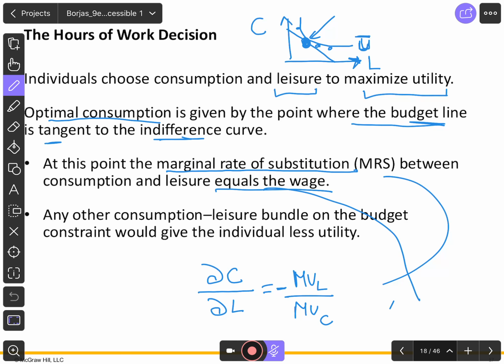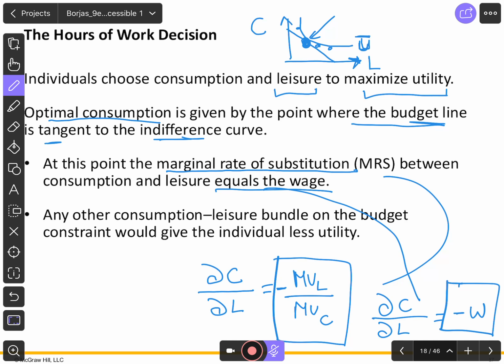So the slope of the budget line is again the change in consumption because of the change in leisure, which is equal to negative W. In other words, our optimal decision has to equate these two parts, the slope of the indifference curve with the slope of the budget line. This would give the optimal decision bundle for the worker.